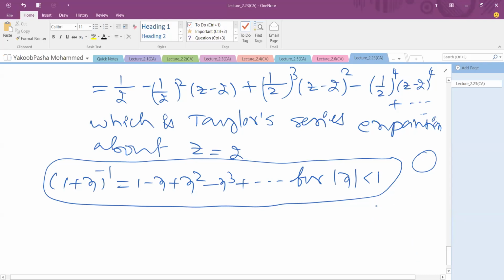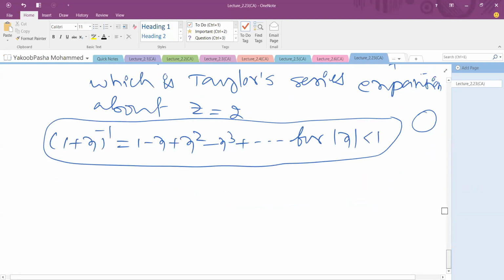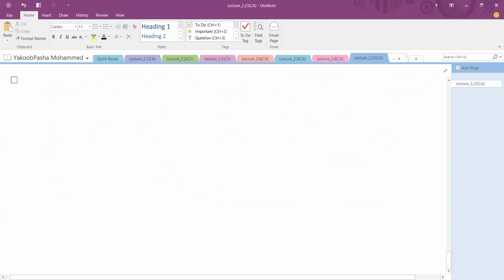Let f of z is equal to 1 by 1 minus z, about the point z equal to 1.